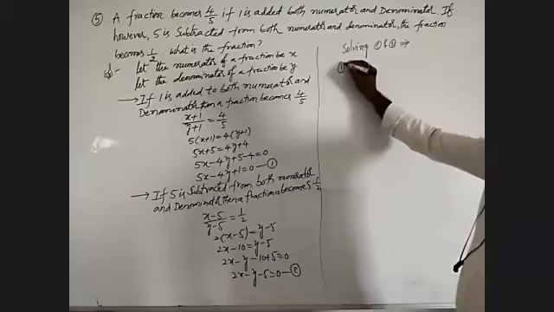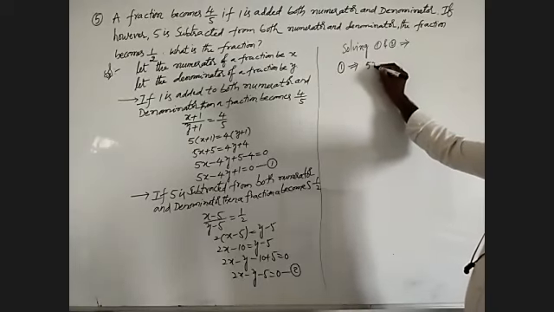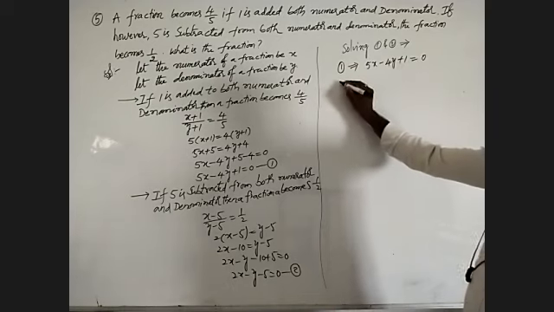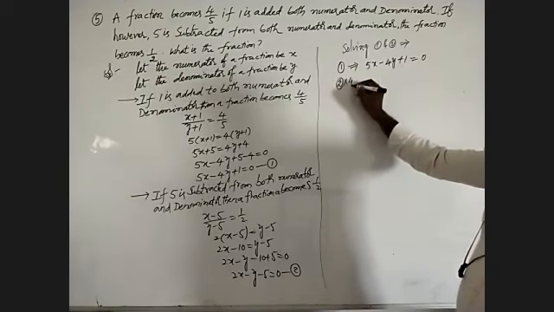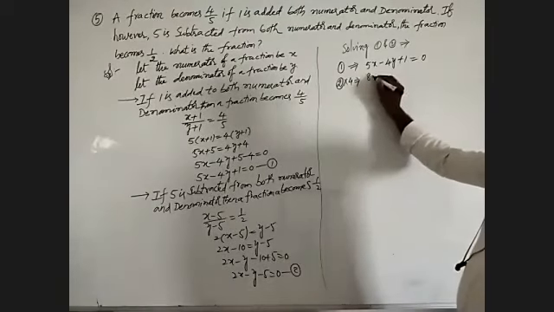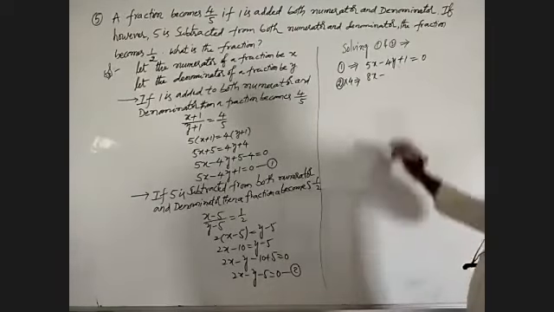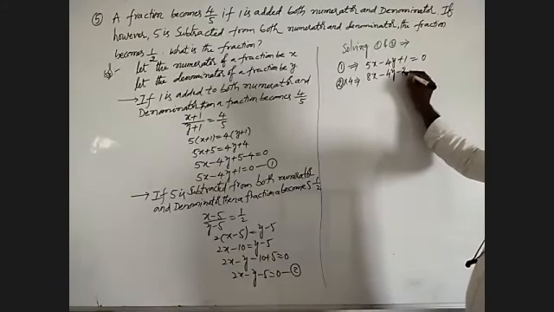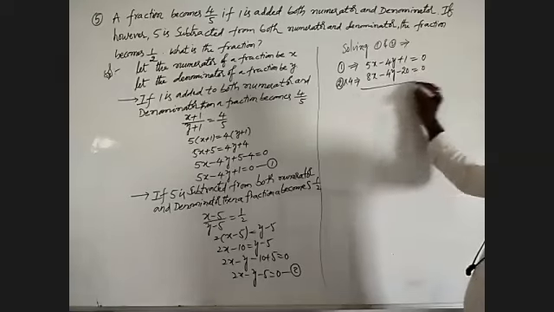First we write equation 1: 5x minus 4y plus 1 becomes 0. After that, equation 2 multiplied by 4, then 2 fours 8, 8x minus 4y minus 5 fours 20, that will be equal to 0.